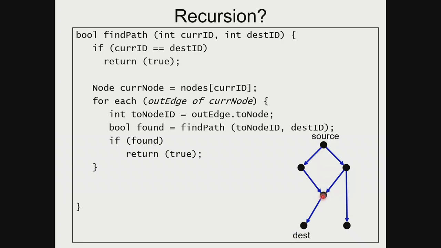So we need to tell the recursive function at this stage that the other function returns true. So that's why we have this condition. If it is found, that means my child found the path, so I'm going to return true to the upper level. We do this over all children until there is no more possible way to traverse, and in this case, we couldn't find a path, which will return false.